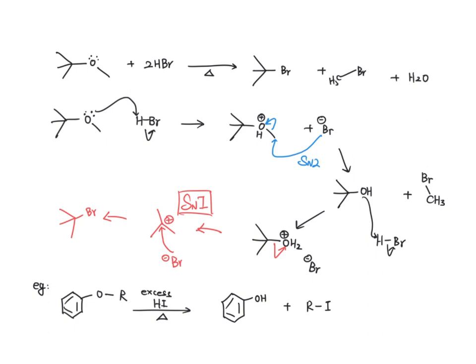Because remember that this is an sp2 carbon, that will not undergo any substitution reaction, either the SN1 reaction or SN2 reaction. It's not happening. So there will not be a second substitution reaction. So this will be your product here, even if you have excess amount of HI, the halogen acid.